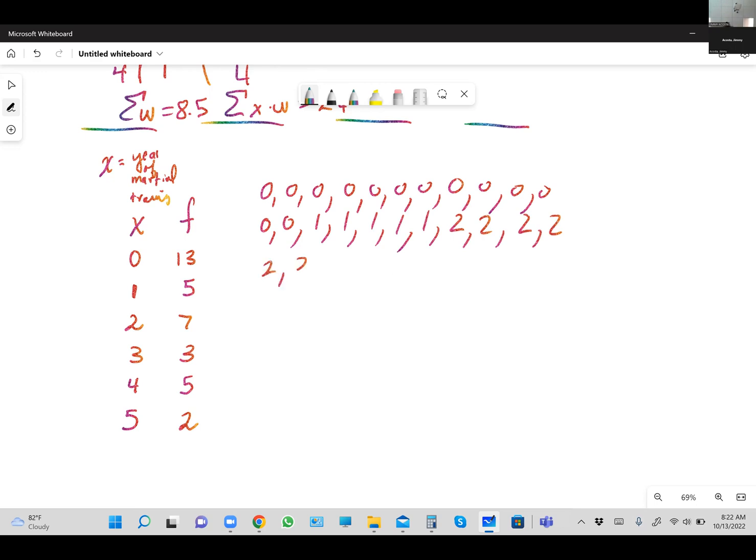Yes? For those who didn't hear it, the question was, can you use exponents? The answer is no. Here's why.